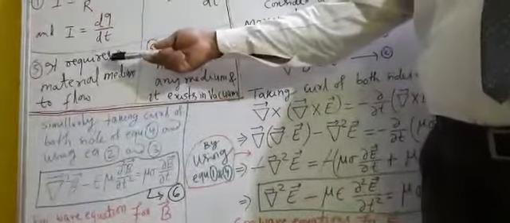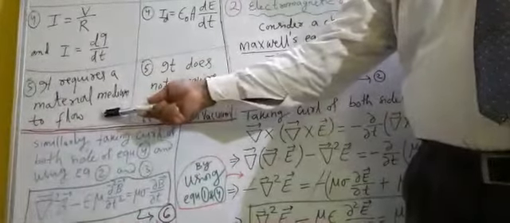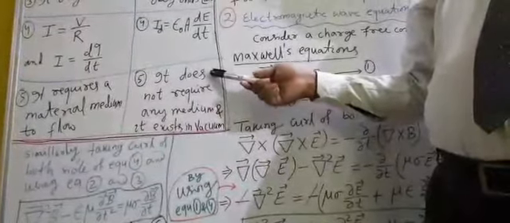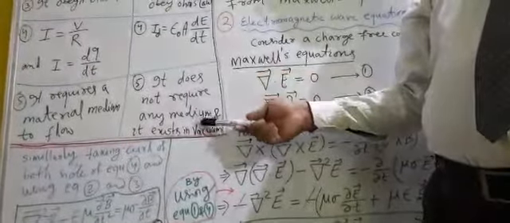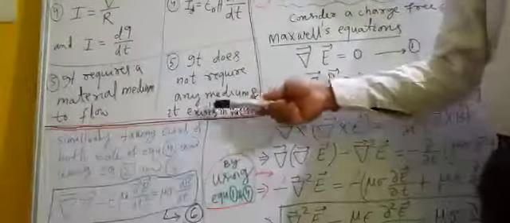Then last point, it requires a material medium to flow. Conduction current requires material medium to flow, whereas displacement current does not require any medium to flow because it is the imaginary current and it exists in vacuum.